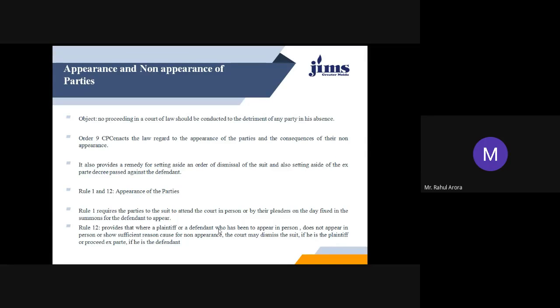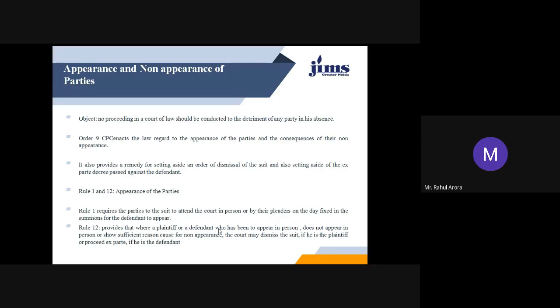One of the principles of natural justice is audi alteram partem, meaning thereby to give an opportunity of being heard to the other side, and also to ask him to appear before the court on a certain date, so that this opportunity is effectively given, thereby to achieve the ends of justice, and also to achieve a fair trial in a civil suit.